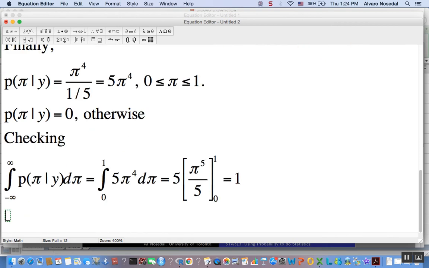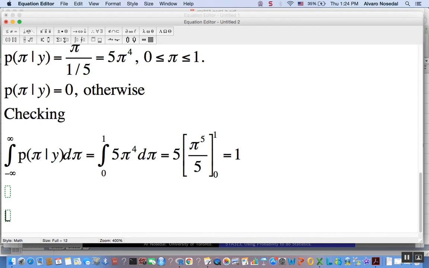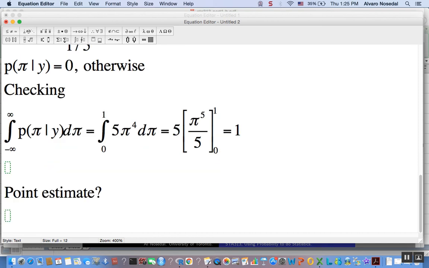Okay, so finally, one extra. If we wanted a point estimate for that proportion of interest, well, one option, and we're going to see in the future that it makes sense, is to use the following quantity as a point estimate for a parameter of interest from a Bayesian perspective.